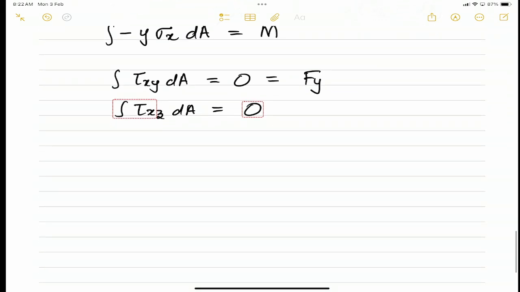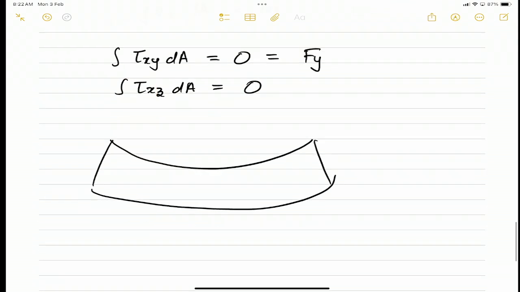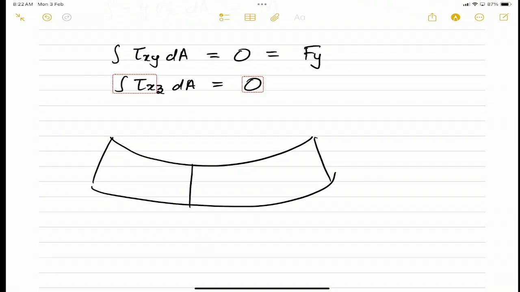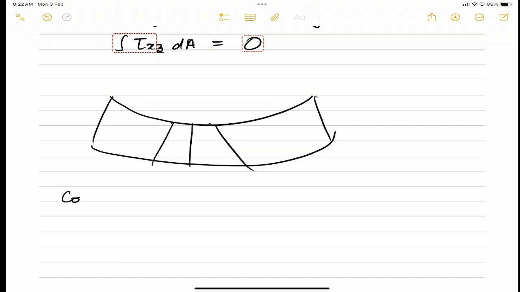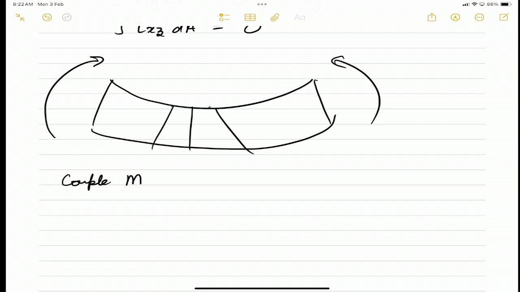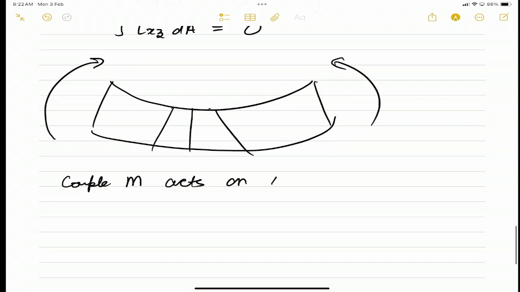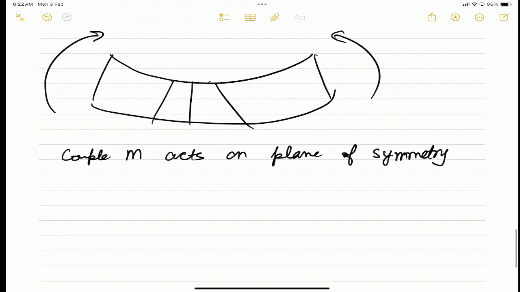Now if we look at the figure of the couple M which we have, this acts on the plane of symmetry.